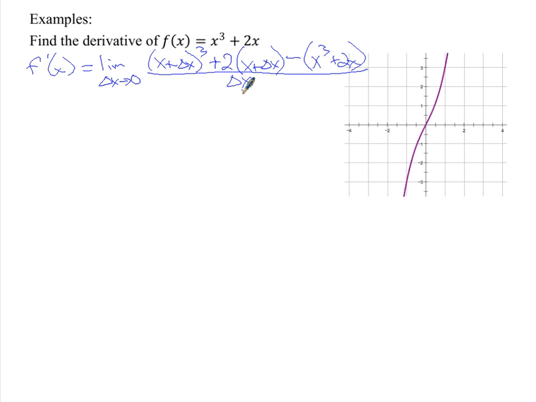Now, the bummer here is that we are going to have to cube this thing, which means we need to remember how to cube something. So off to the side, I'm going to figure that out.